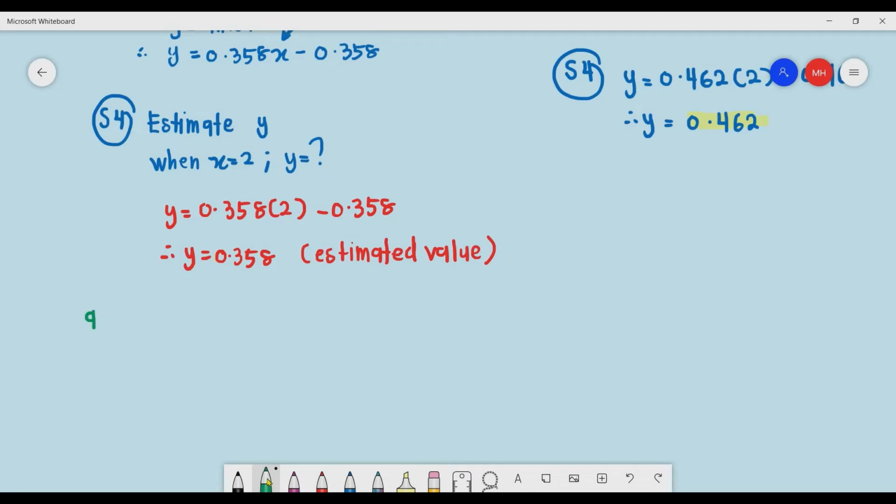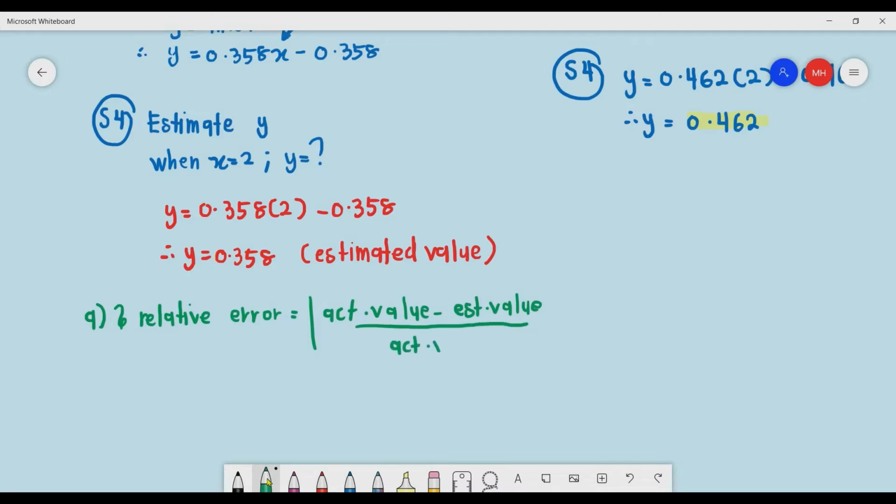Okay, I find the percentage of relative error for A first. It's given by the actual value, which is the value that you obtain from the calculator, minus the estimated value, over the actual value.